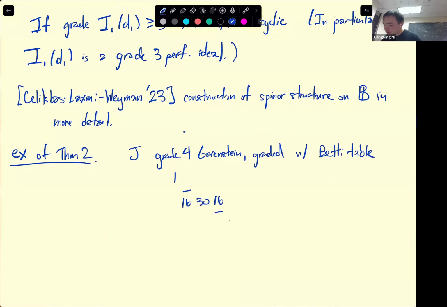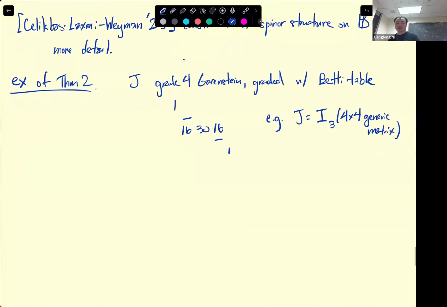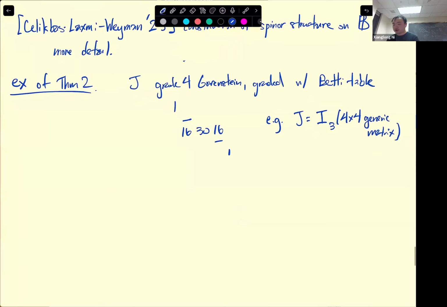For example, J could be the 3x3 minors of a 4x4 generic matrix. So if you were to run this construction on this ideal, what kind of complex would you get in the end? At least, what kind of shifts would you see in the complex?